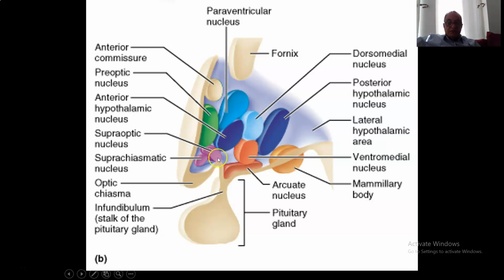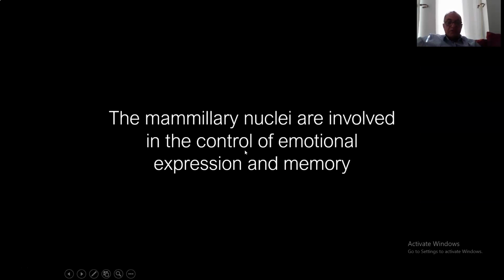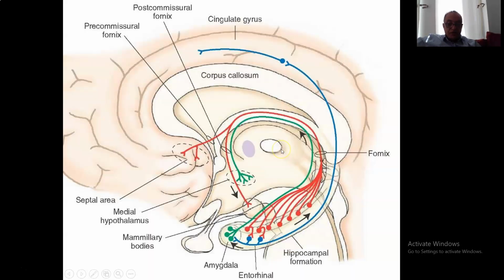And again, these are the functions of the different nuclei of the hypothalamus. The mammillary nuclei are involved, as we said, in emotions, expression, and memory. Why? Because they are receiving the fornix from the hippocampus, from the parahippocampal gyrus, which is responsible for the memory, and that's why the mammillary bodies are responsible for the memory. Also, they receive from the amygdala, which is also responsible for the memory.